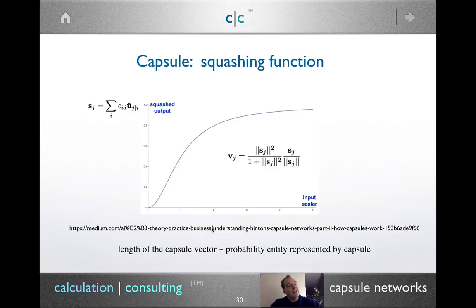There's also this idea of a squashing function. What is the squashing function? Well, it's the norm of Sj squared divided by 1 plus the norm of Sj squared, times Sj over the norm of Sj. So it's like a normalization. It normalizes the output vector V, which again is this weighted sum of the u hats, but it squashes it. So the squashing function is a vector nonlinearity.